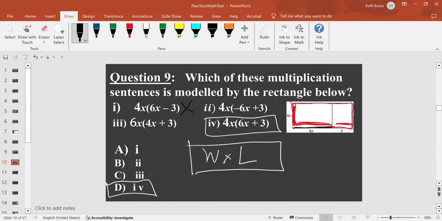Even 6x times 4x plus 3, no, doesn't work. Maybe you are using the expression to find the perimeter, or the area, or a length, something like that. But based on the expressions here, you will see that only D makes sense. And that D is like we are finding the area of the large rectangle.